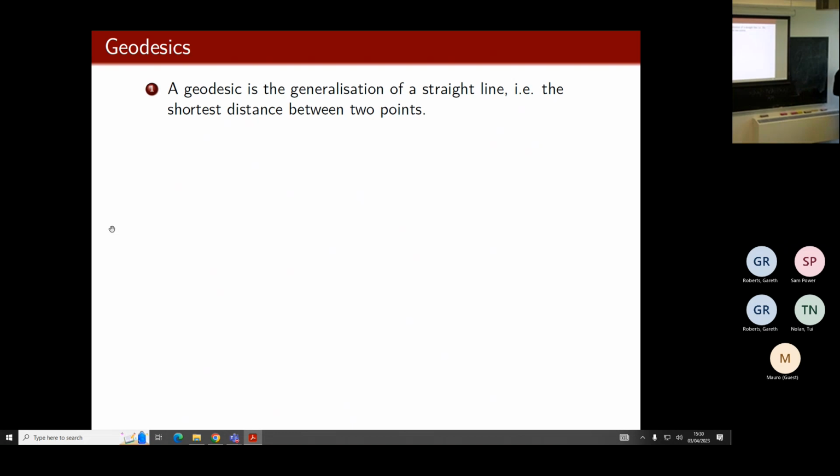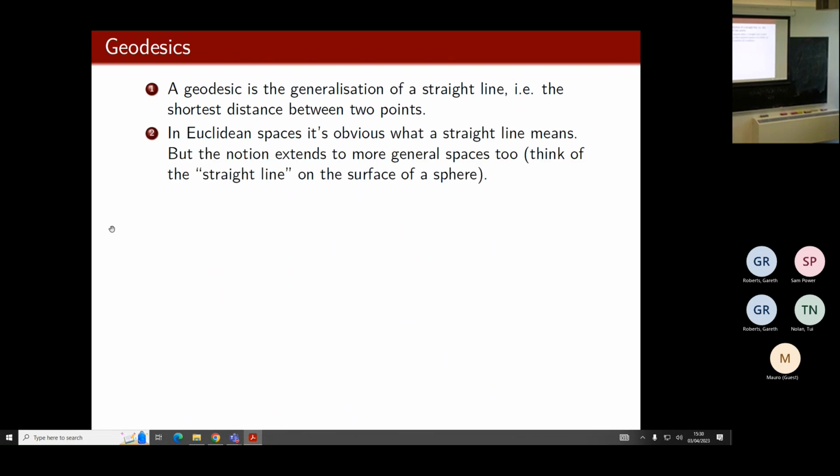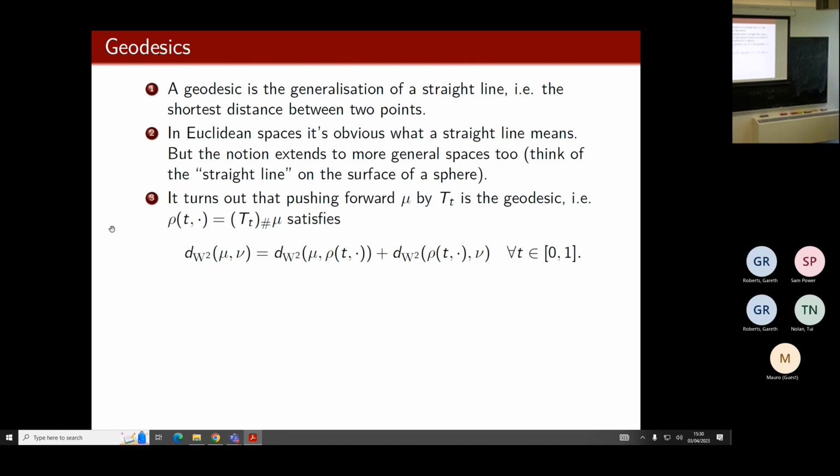Okay, so I didn't assume very much about geodesics. All we need to know is that the geodesic is essentially a straight line between two points.